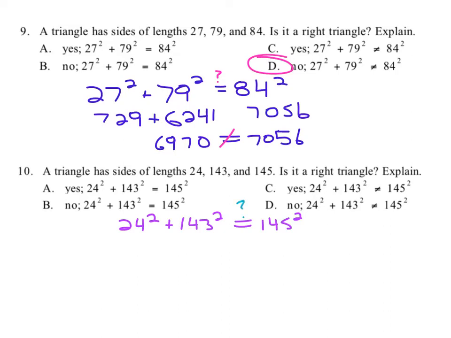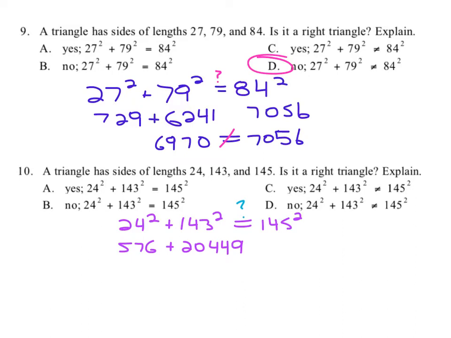So let's just calculate it. We got 24 squared, 576, plus 143 squared. Gosh, is that right? I guess that's right. 20,449.